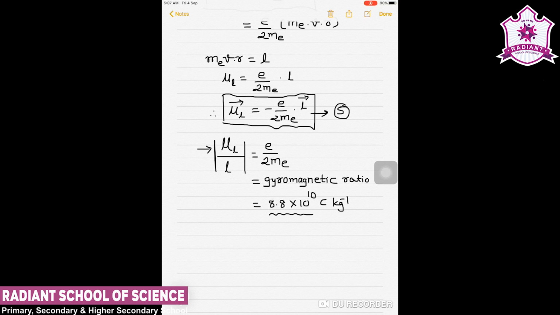Now in the same question, what is the next portion? Even with this method we can show that at the atomic level there is a magnetic moment, and that can also be derived.